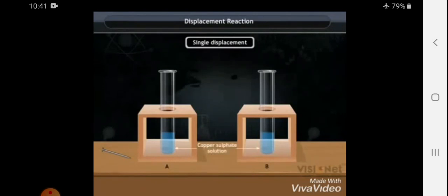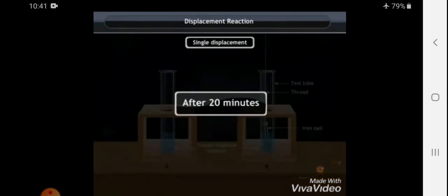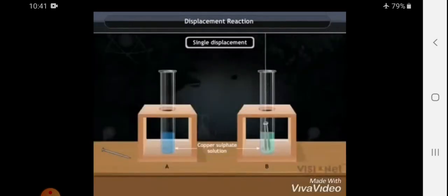Add 2 iron nails in test tube B and immerse them in a solution which contains copper, that is copper sulfate solution. After 20 minutes of immersing the iron nails in test tube B, we will observe that the solution of test tube B changes to a lighter color, and the iron nail has got a brown color.